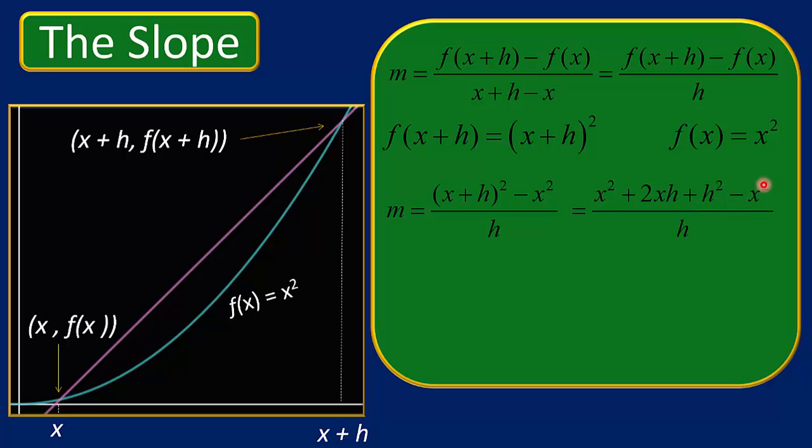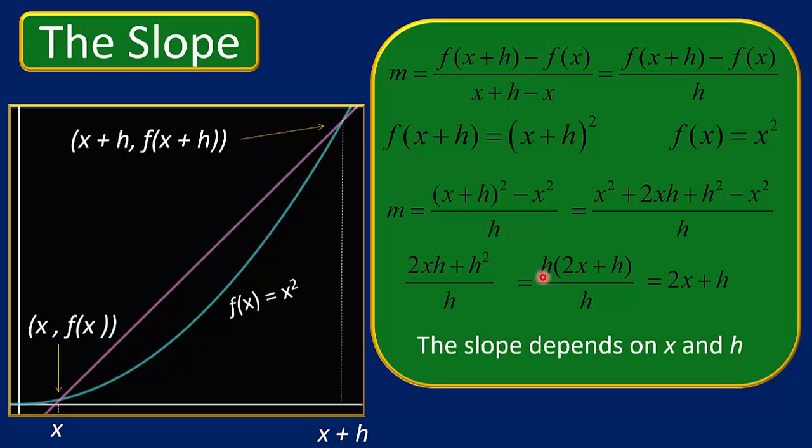Now notice these x squareds will cancel out. And now I'm just left with this. Notice I have an h here and an h here. Let me factor that out. And that will divide out with the bottom. So the h on the bottom divides into this h up top. And I'm just left with 2x plus h. So now we can see that the slope depends on x and h. So you give me an x and an h, and I'll give you the slope of the line right here.